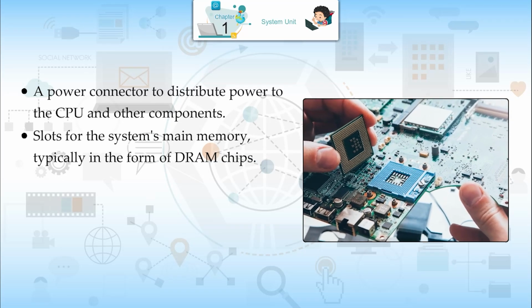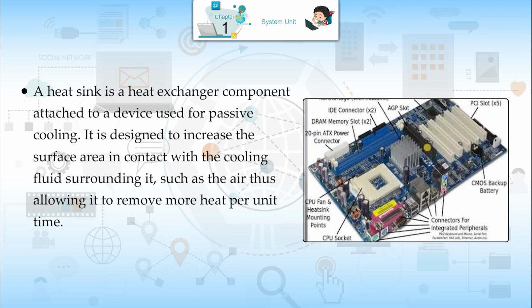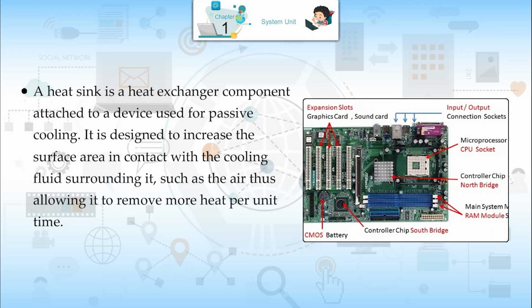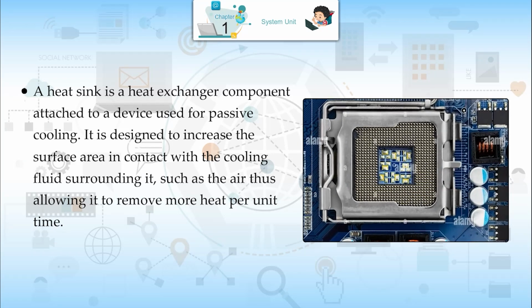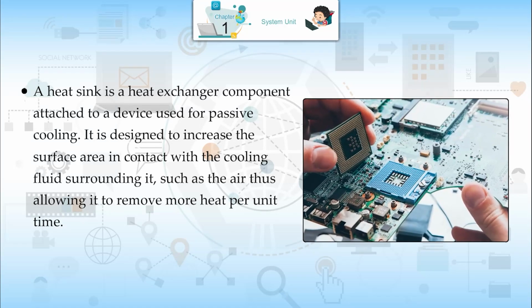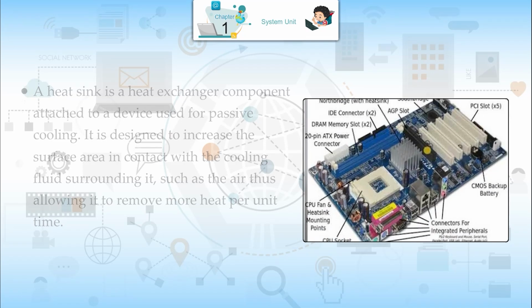Slots for the system's main memory, typically in the form of DRAM chips. A heat sink is a heat exchanger component attached to a device used for passive cooling. It is designed to increase the surface area in contact with the cooling fluid surrounding it, such as the air, thus allowing it to remove more heat per unit time.